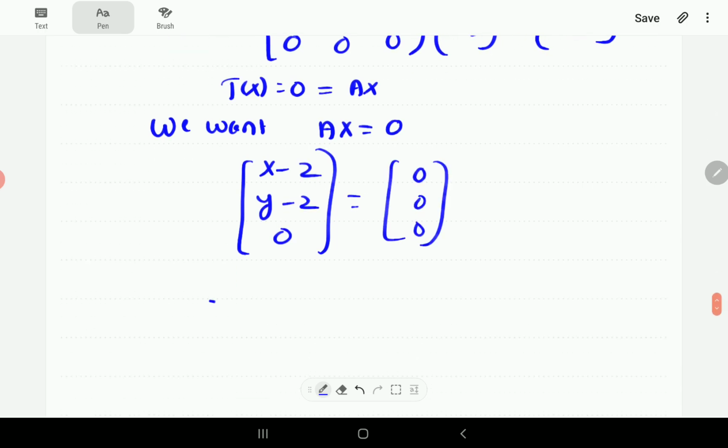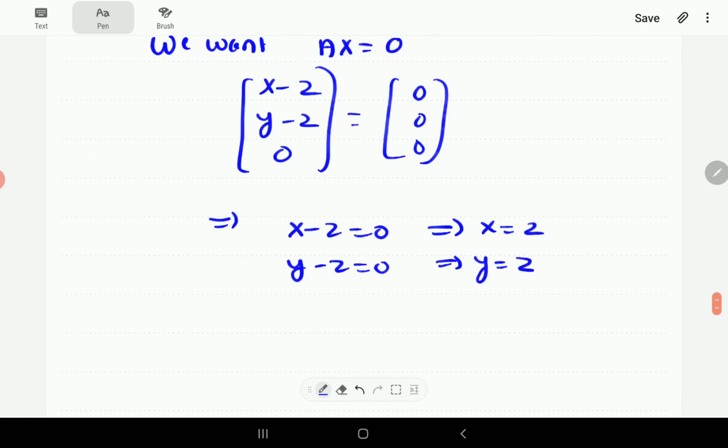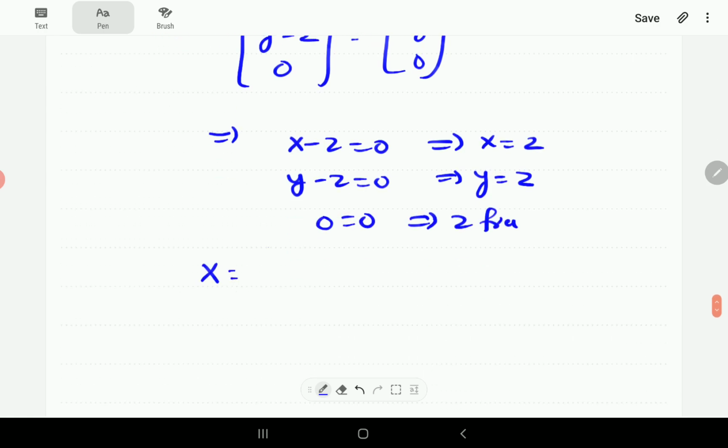So this implies x minus z equal to 0 implies x equal to z, y minus z equal to 0 implies y equal to z, and 0 equal to 0 implies z is free. So therefore if I write a solution, x y z is equal to, what is our x is z, y is z and z is z.